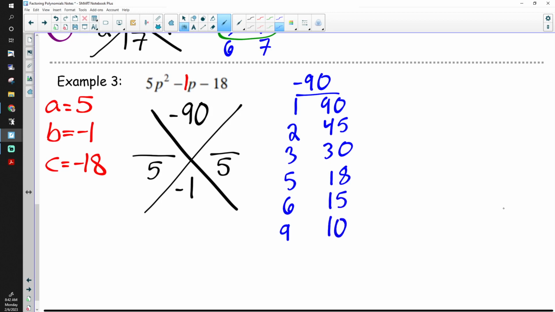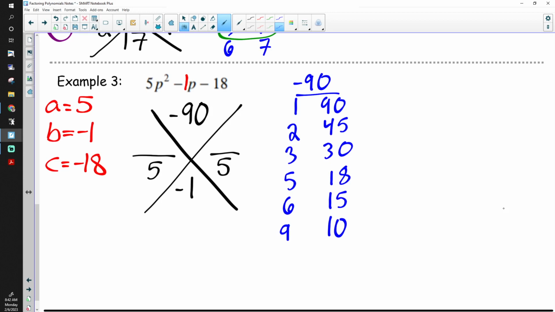Okay, but right now our list is actually not quite correct, because these are both positive numbers, and those would multiply to positive 90, which means one of my numbers should be a negative number. Now, a good way to figure out which side should be negative is by looking at the bottom.